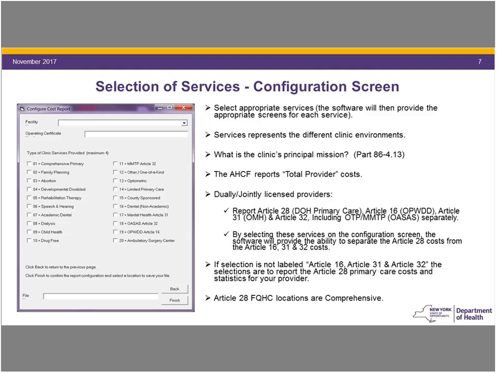There were group ceilings that were calculated, and even though we no longer set the rates based on these groupings, we've continued to use the same type of clinic environment settings in order to gather data. So nothing has changed in the cost reporting when it comes to the services that you will select.